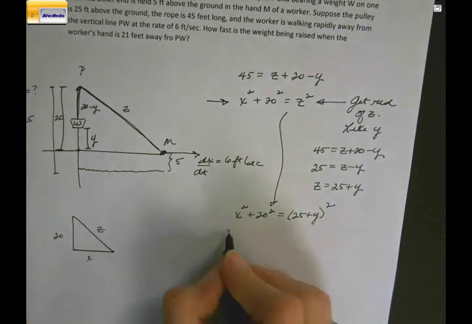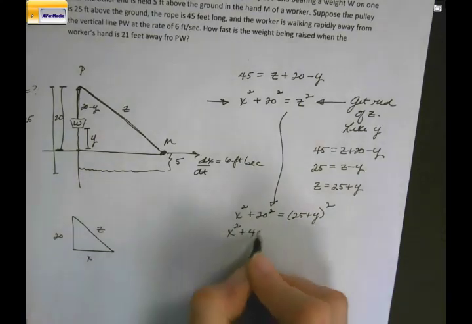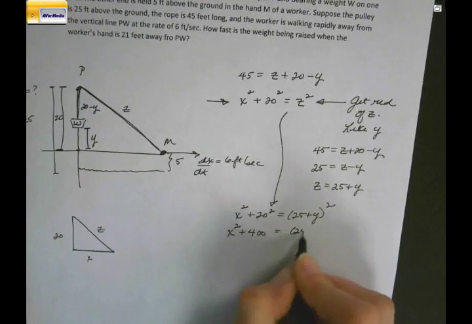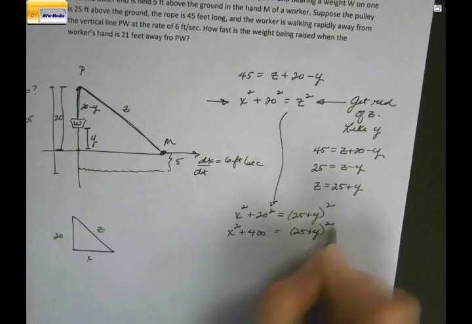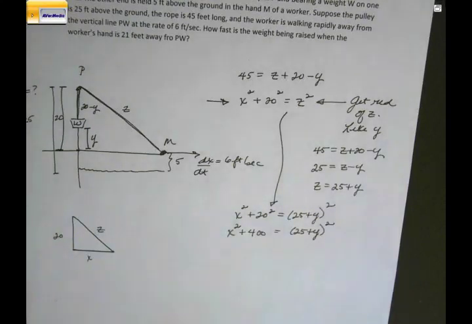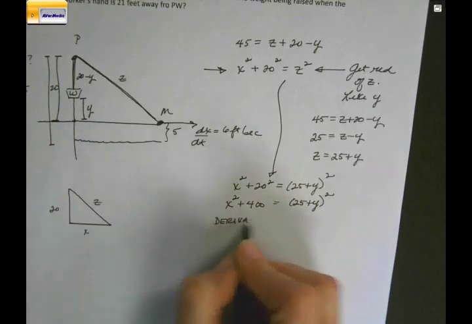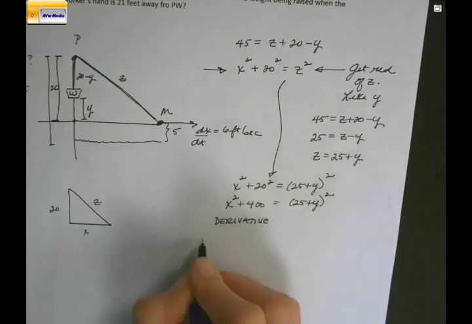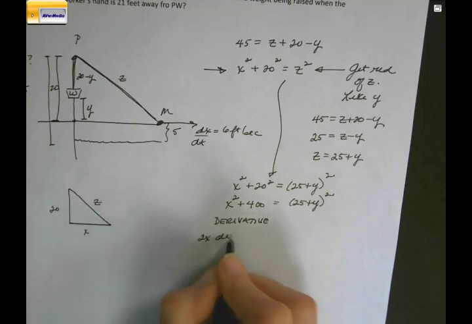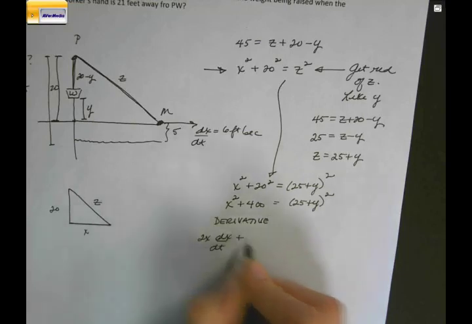Okay, so we're going to have to take the derivative of this thing. Let's change that to a 400. Okay, let's take the derivative. So we're going to have 2x dx/dt plus the derivative of 400 is 0.